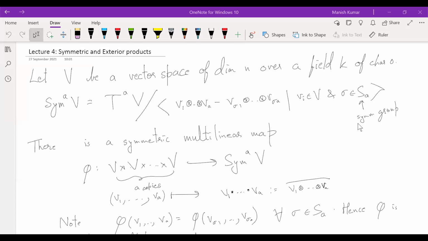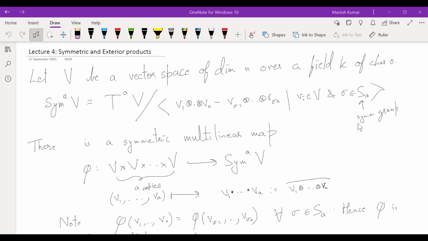A tensor product of two things came with a bilinear map and some universal properties. Similarly, for a symmetric power, you can do it that way, or we can define it as a quotient of a tensor power, because we have already defined tensor power. We can define symmetric power using that.